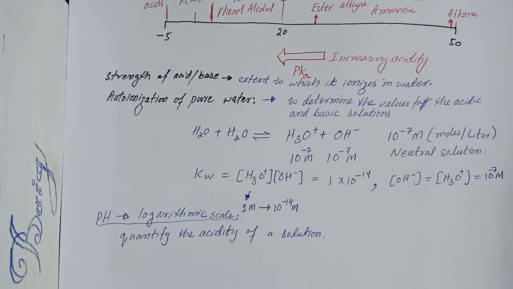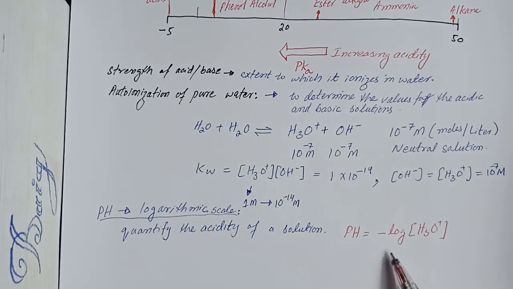Chemists define this measurement as the negative logarithmic value of the hydronium ion concentration, represented by pH, and this log is of base 10.